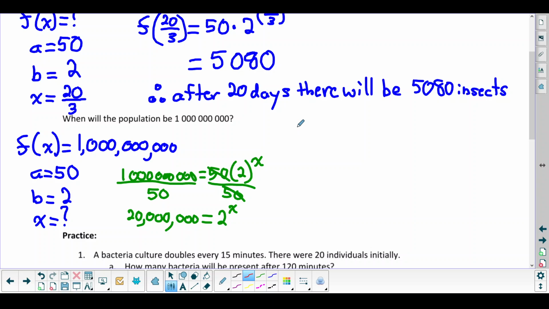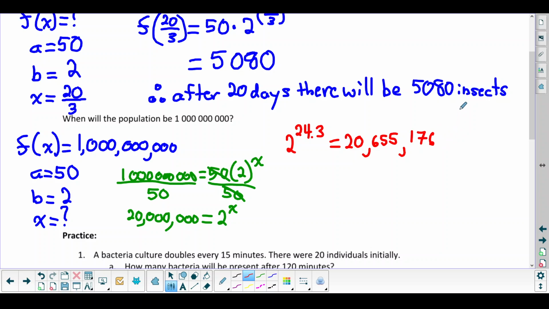So maybe I could do 2 to the power of 24. And I get 16.7 million. That's getting close to 20 million. I could maybe get a little closer. Maybe we'll do like 2 to the power of 24.3. Okay, so I got just over 20 million, so 2 to the power of 24.3-ish is 20,655,170, and if I round.